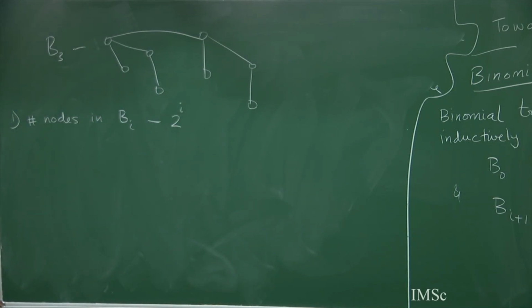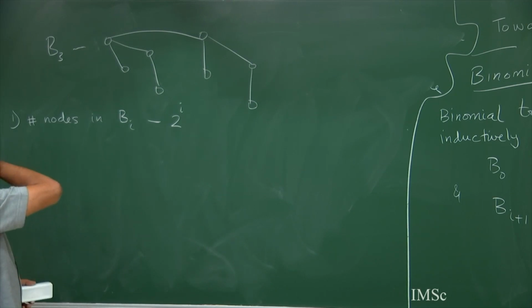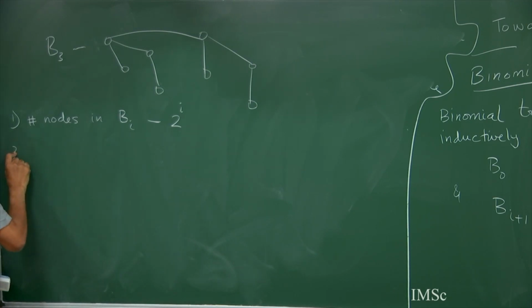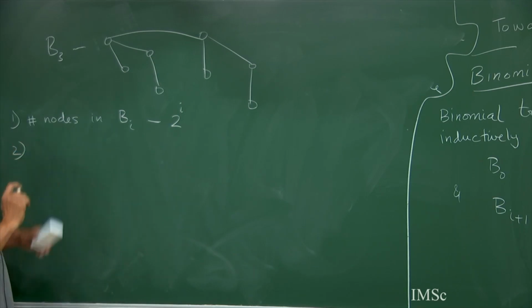How do you prove it? Well, Bi's are defined inductively, so the natural way to prove this is by induction. Because you just take 2 Bi minus 1 and that's the number of nodes, so 2 power i. All this will be useful when we actually get to the binomial heap.